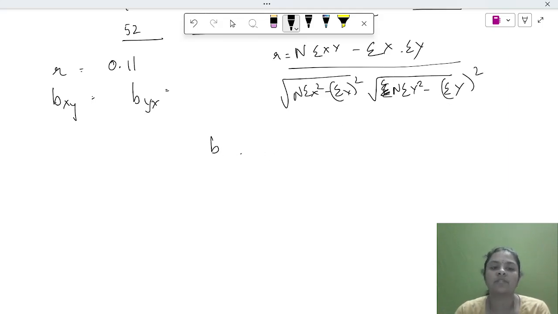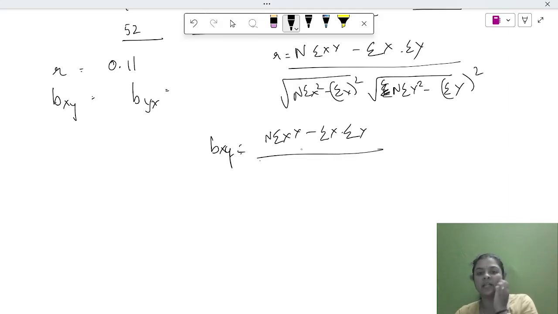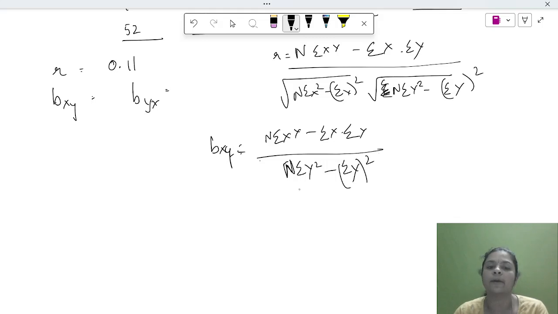Now in the same way, for bxy, the numerator is the same, n sigma xy minus sigma x into sigma y, divided by the variance, so the root will not come. Now since it is y, the denominator will be n sigma y square minus sigma y the whole square.